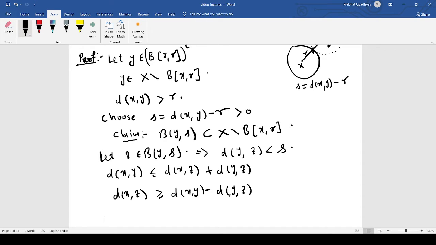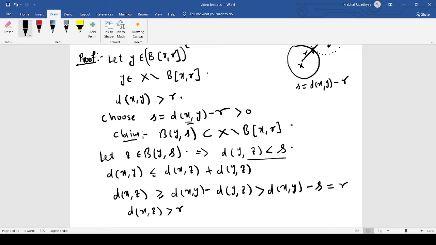Now look at this term d(y, z). I have d(y, z) is strictly less than s. Therefore, minus d(y, z) will be strictly greater than minus s. So this term is strictly greater than d(x, y) minus s. But from here you can see d(x, y) minus s is equal to r. Therefore, this term is equal to r. So what we have got is d(x, z) is strictly greater than r.